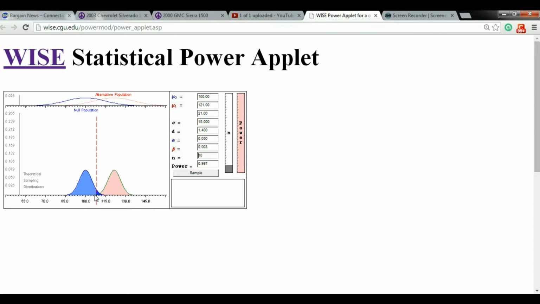So what is increasing our sample size doing? Well, we got more evidence. Every time we take a sample, we now have more evidence. So if we have more evidence, we're more likely to make the right decision.